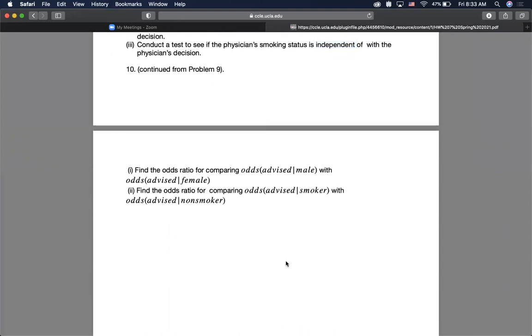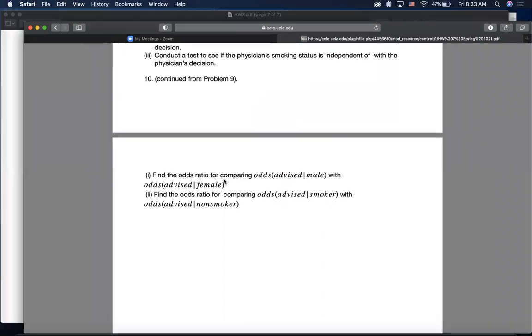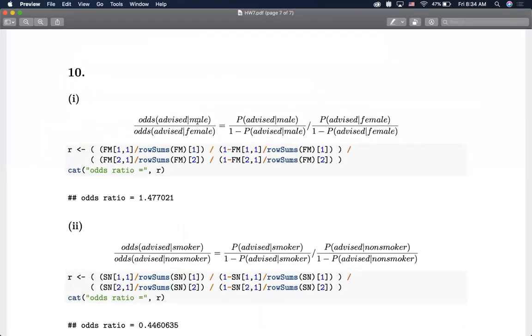Then adjust the odds ratio. Advice given male, and, well, this is the odds, and then if you divide them, that will be your odds ratio. Advice given male, advice given female, conditional on these two. This odds ratio is the conditional probability over 1 minus that conditional probability.